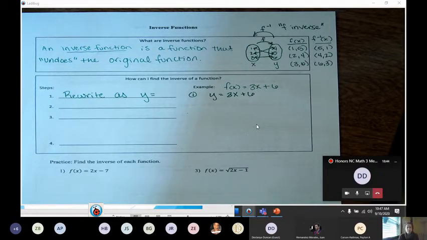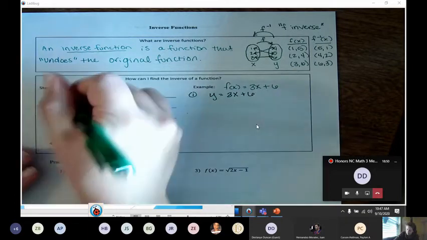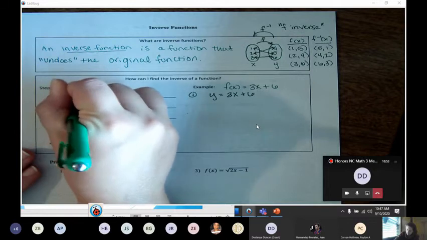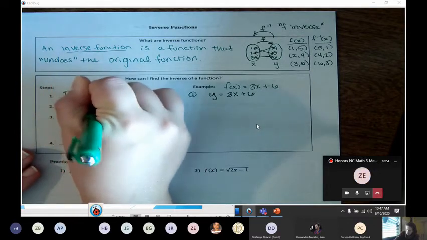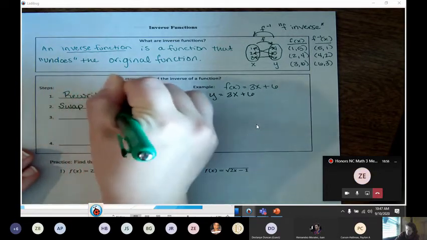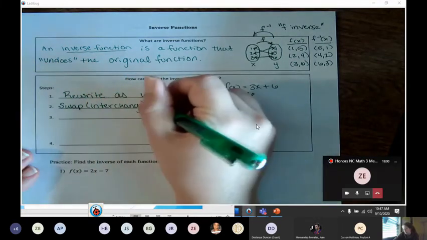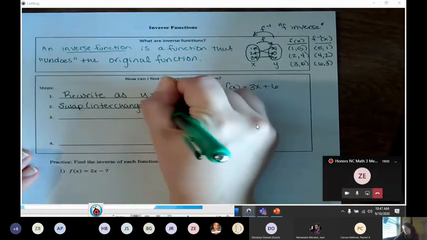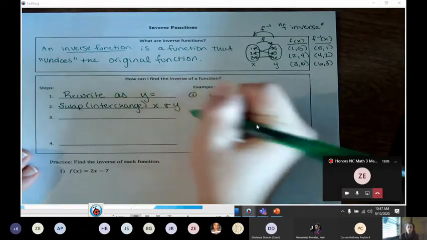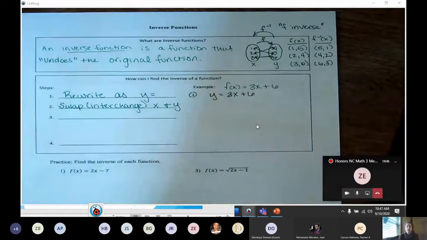The second step is to swap or interchange x and y. Okay.